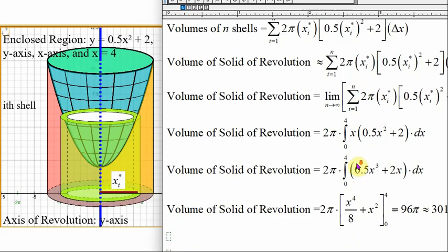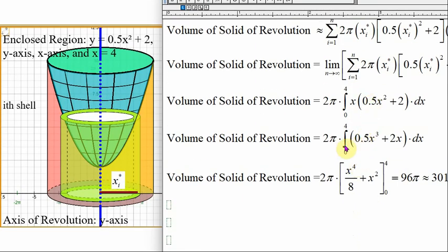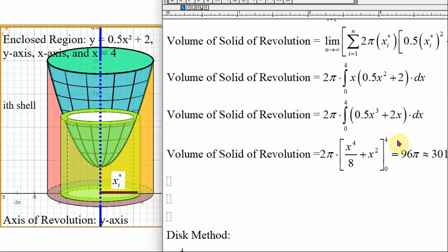And then simplifying, the inside becomes 0.5 x to the third plus 2x. And then evaluate this definite integral right here. The integral of 0.5 x to the third is x to the fourth over 8. And then the integral of 2x is x squared.